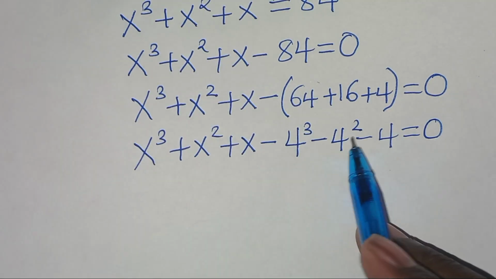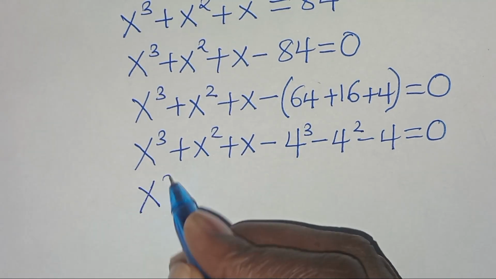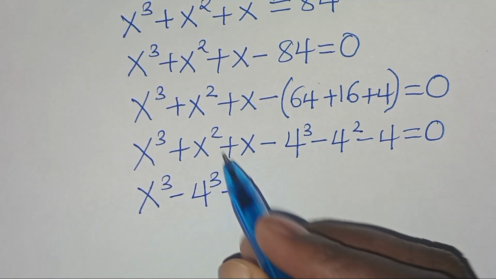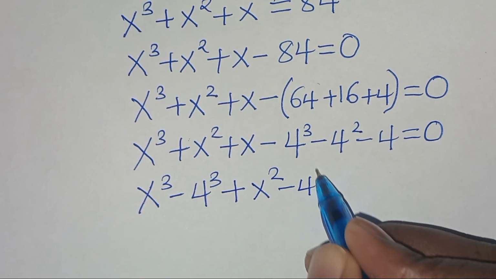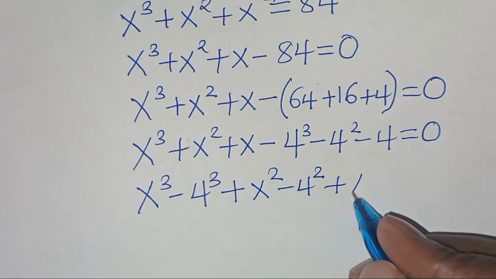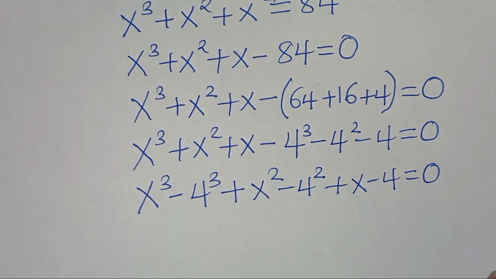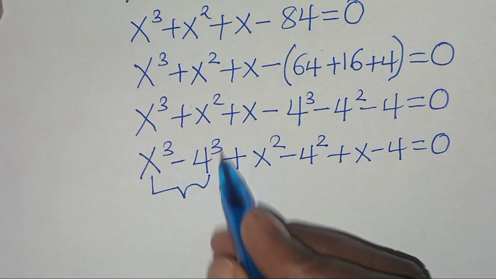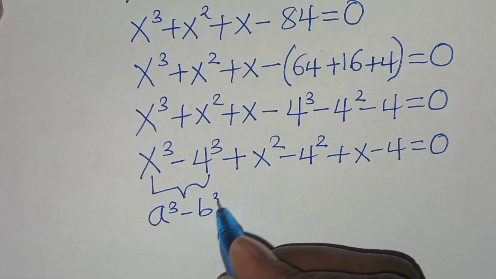The next step from here, we have x to power 3 and 4 to power 3. So we have x to power 3 minus 4 to power 3 plus x to power 2 minus 4 to power 2, then plus x minus 4. So x minus 4, this is equal to 0. Now, this is actually the first part here, and this is the difference of two cubes expressed as a to power 3 minus b to power 3.